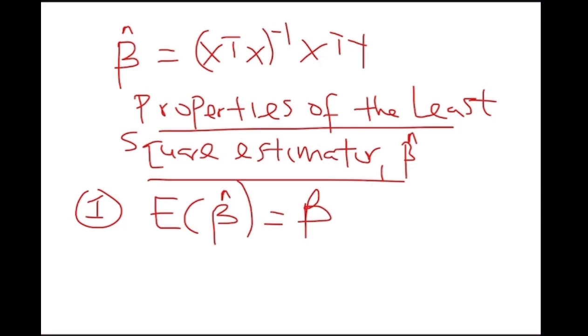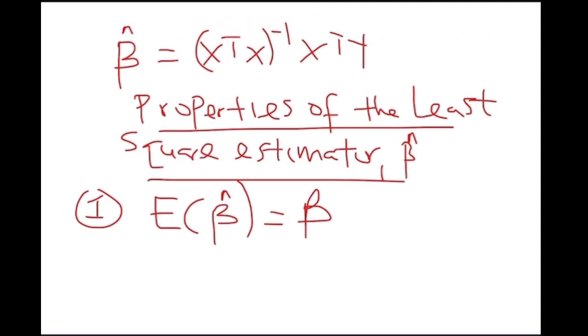If 1,000 investigators go to the same population, draw samples randomly, and draw the same sample size, they are going to have different values for that. Because of that, we can find the mean or the average of that to see whether it gives us the true values of the parameters.